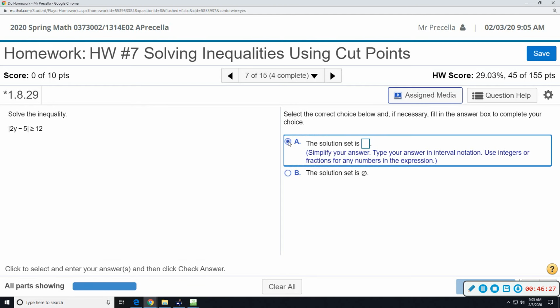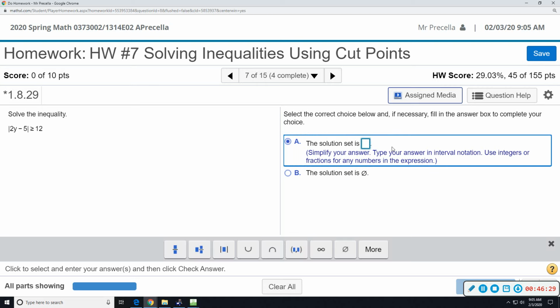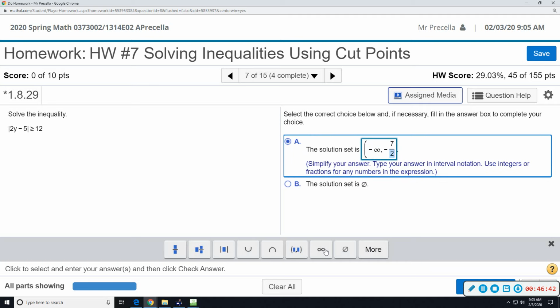Let's see. Over here. Parentheses. Let me see if I can get it typed in on the first try without any mistakes. Comma, negative 7 over 2. I'll hit the right arrow before I put the bracket. Then union, bracket, 17 over 2, right arrow, comma, infinity, where's that infinity symbol?